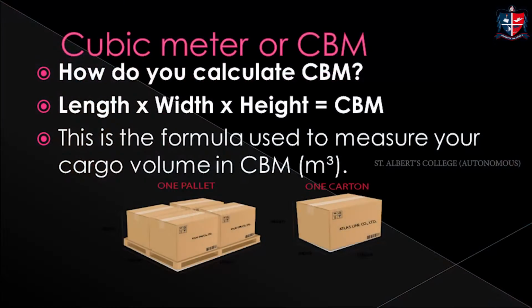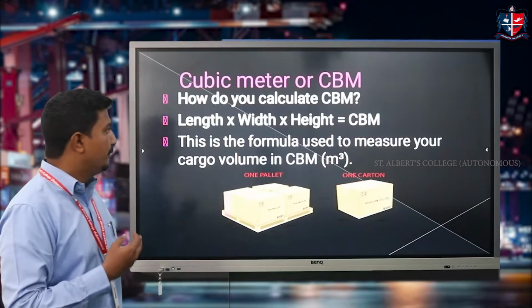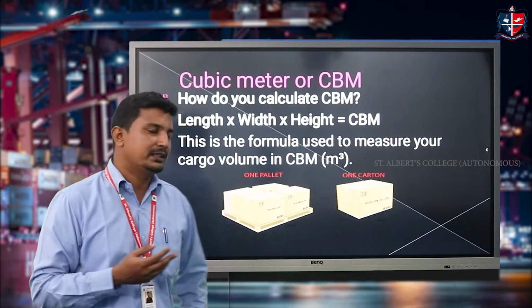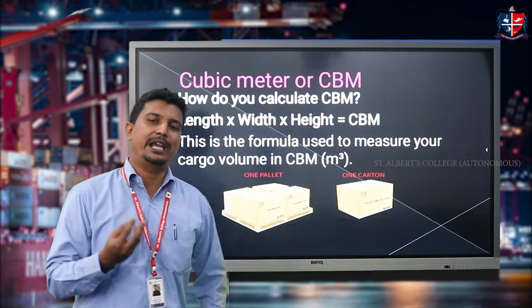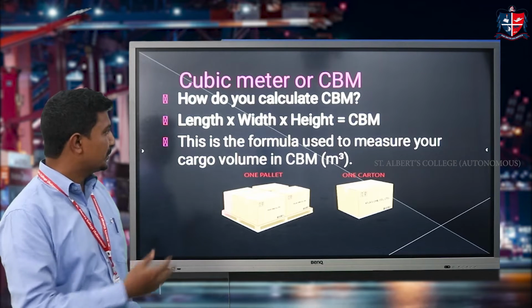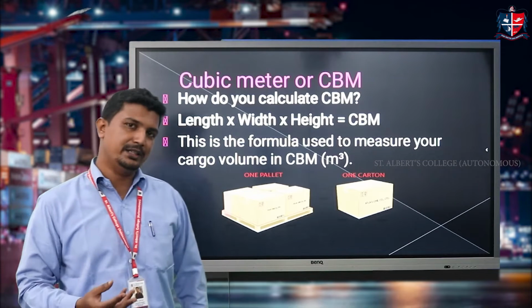On the basis of that, logistics companies, freight forwarders, and truck transportation companies charge the customer. To calculate CBM, we have to know the length, width, and height of the cargo. So LBH is the basic formula for calculating CBM. CBM means cubic meter.